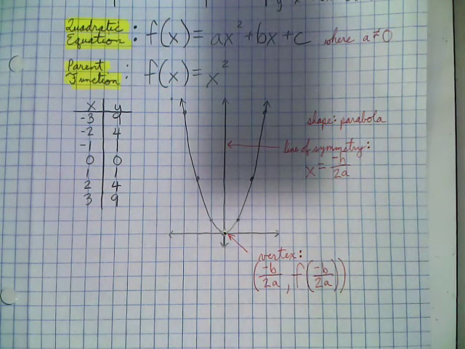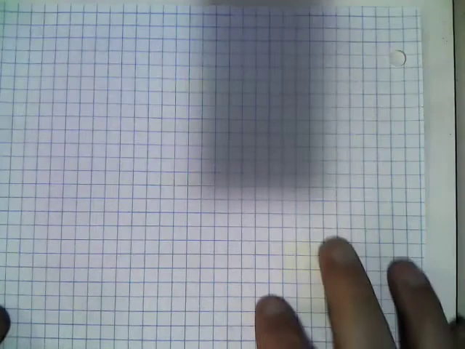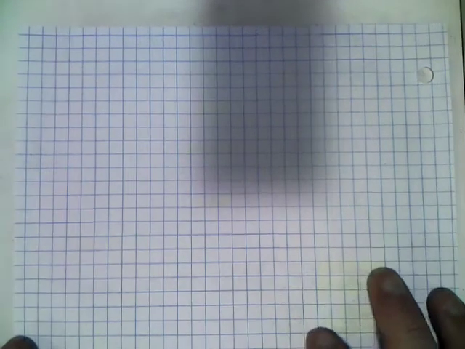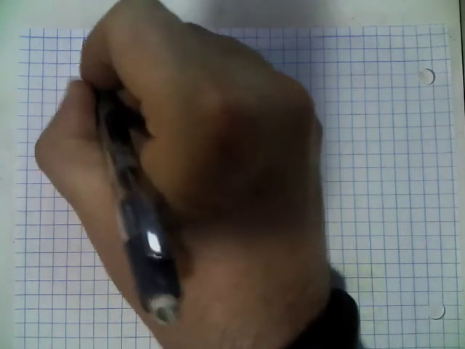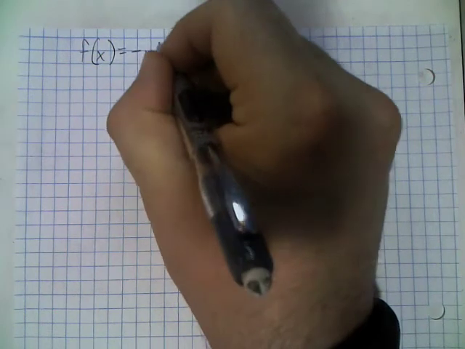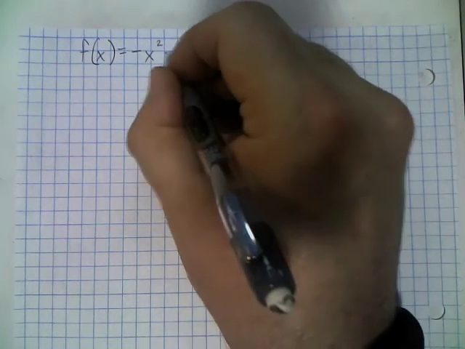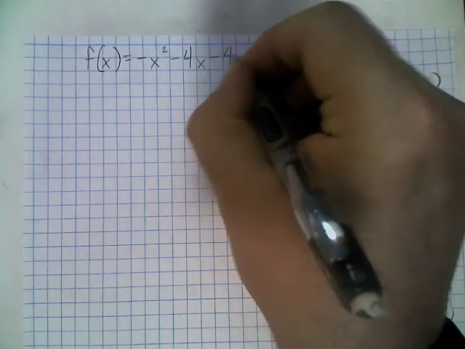So let's try this out. And because I'm running out of room, I'm going to go to the back here. For our next example, let's take a look at f of x equals negative x squared minus 4x minus 4.